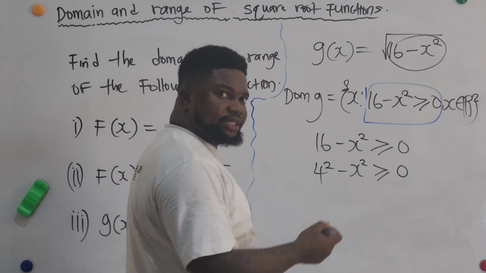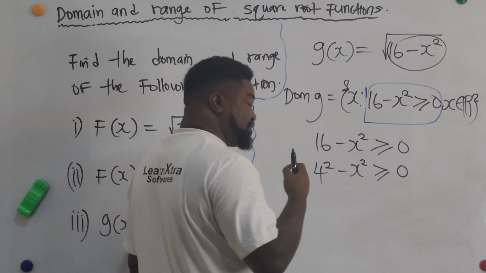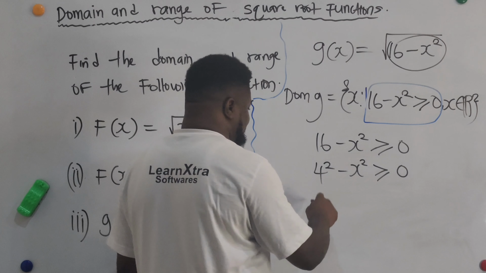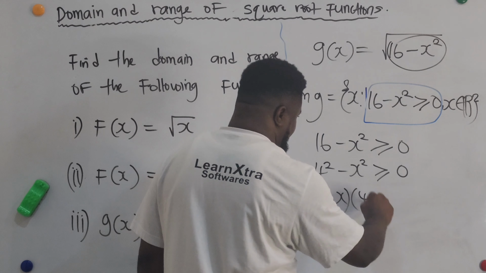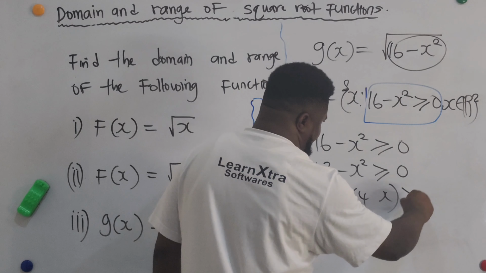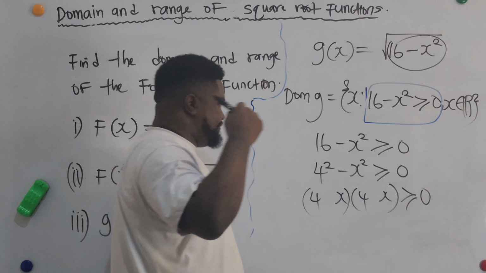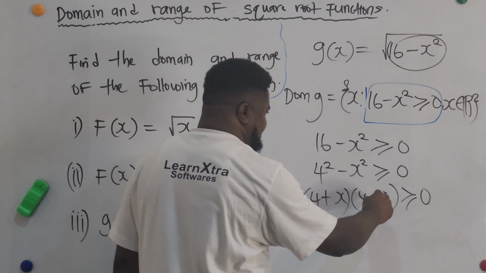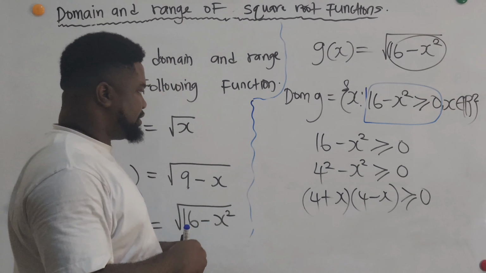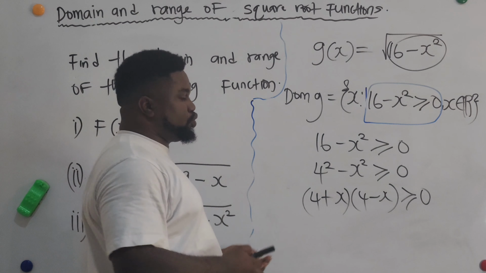Difference of two squares means one takes plus, one takes minus. With this, we'll do our truth table.